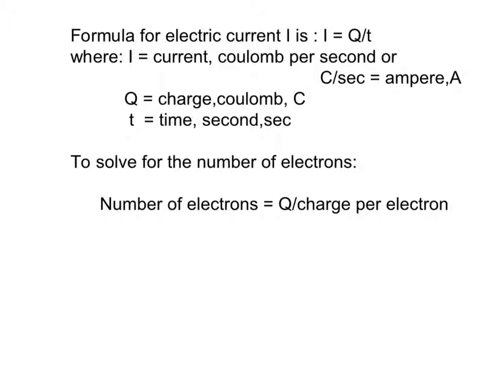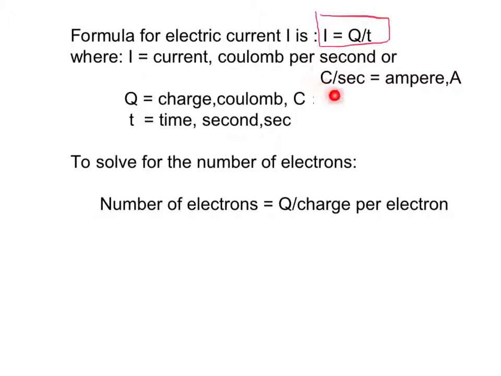Let us review again the equation for current. The equation for current is given by this, where I is current, and please notice that the SI unit is coulombs per second, or simply C per second.